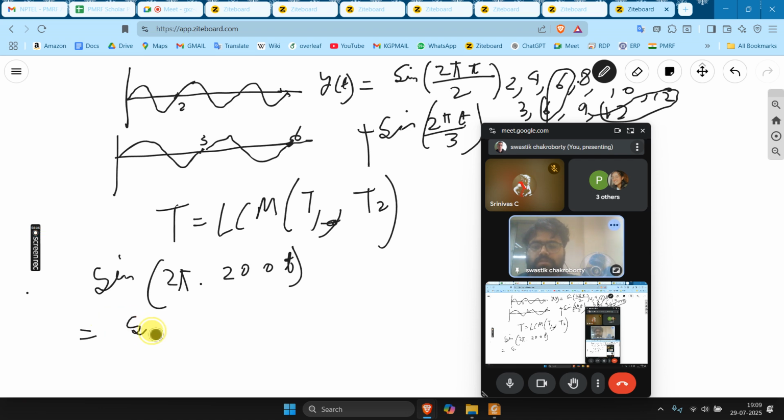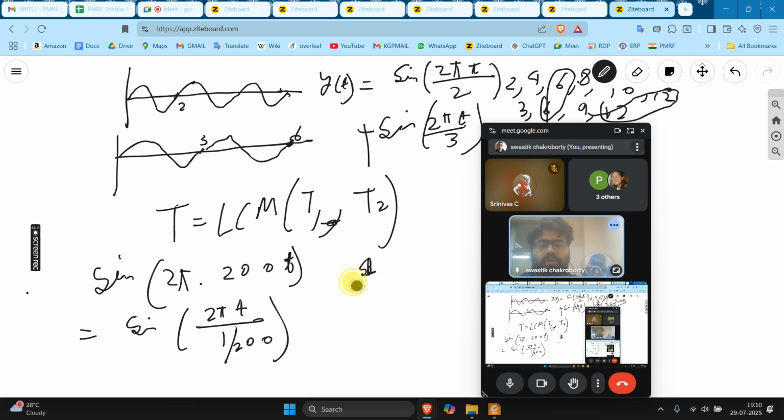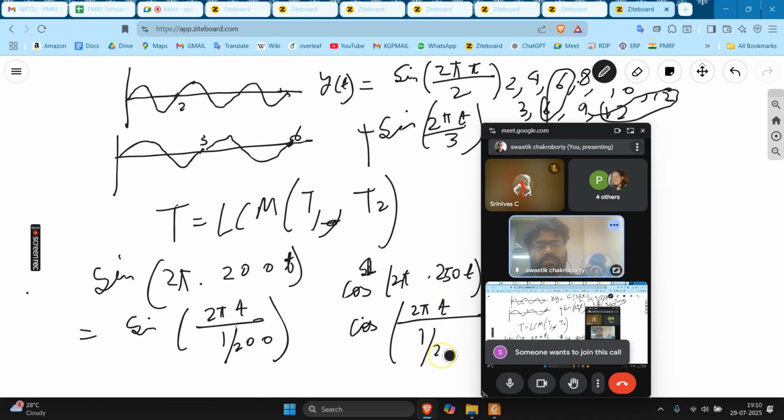The time period is 1 by 200, and another is cos 2 pi 250t. Sine cos here doesn't matter. Sinusoid is what matters.